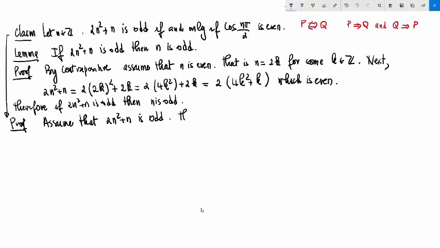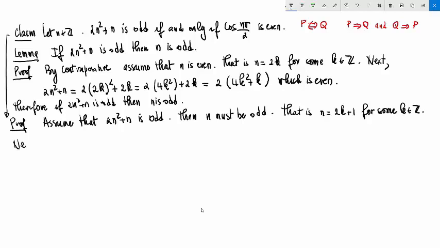Then this means we already know that n must be odd. That is, n must be equal to 2k plus 1 for some integer k.